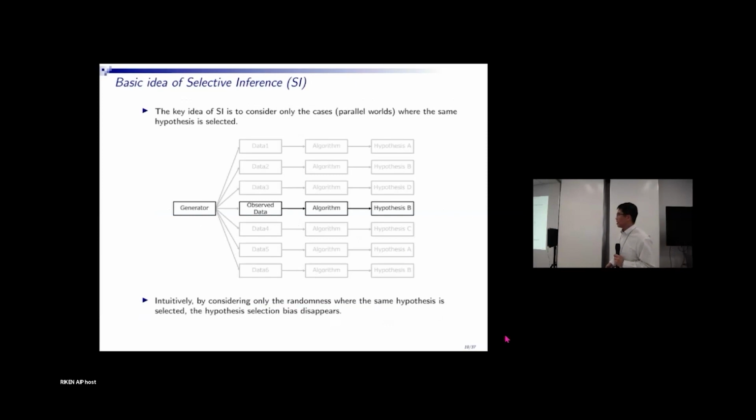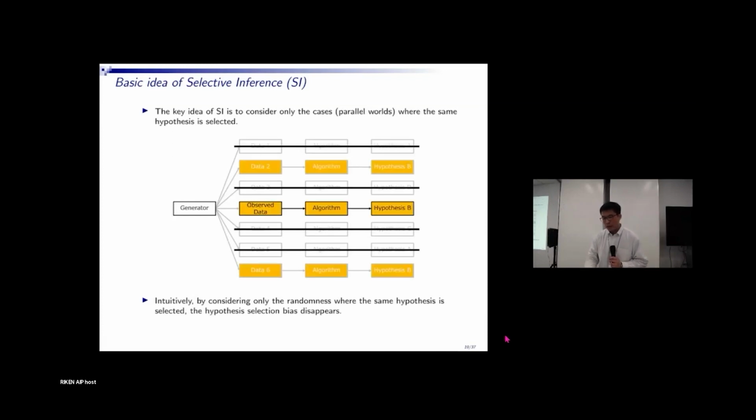So this is a very simple illustration of selective inference. The key idea of selective inference is to consider only the cases where the same hypothesis is selected. Remember that in statistical inference, we consider many parallel worlds, and we are only in one of them.